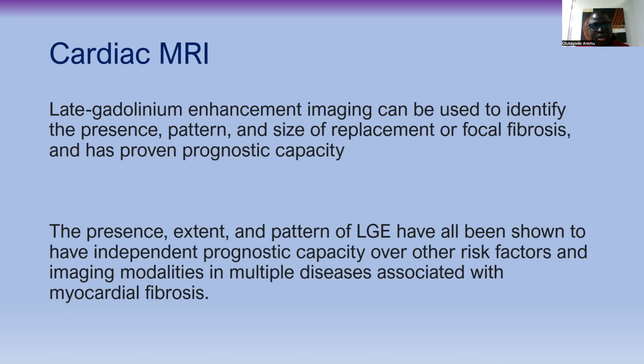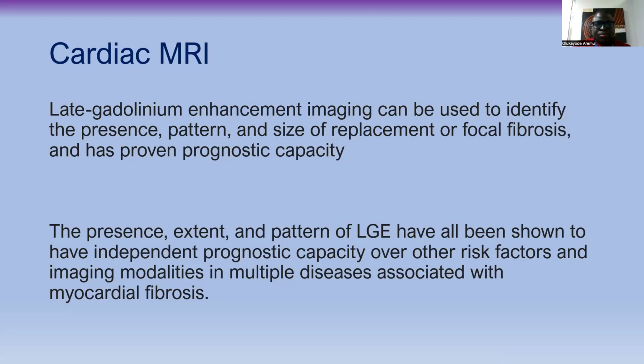So late gadolinium enhancement imaging can be used to identify the presence of scar or fibrosis, the pattern of fibrosis, and the size of replacement or focal fibrosis. And these have proven some prognostic capacity.